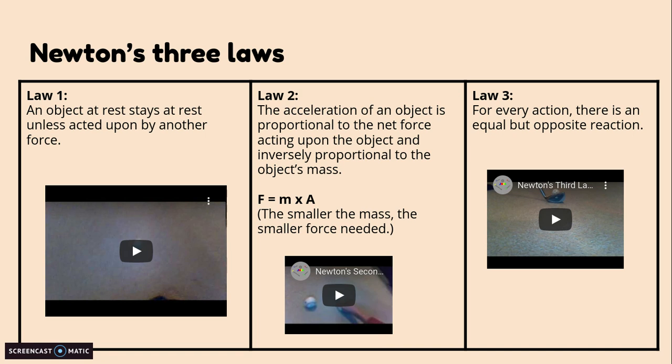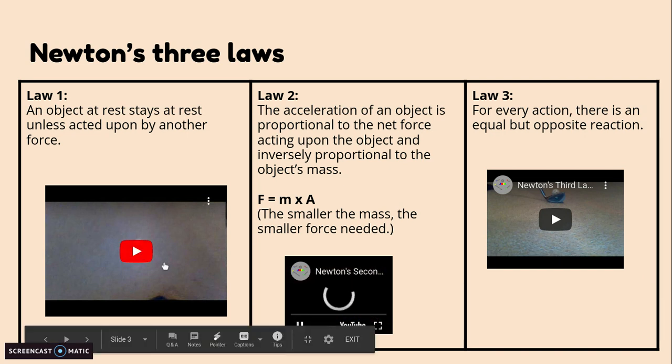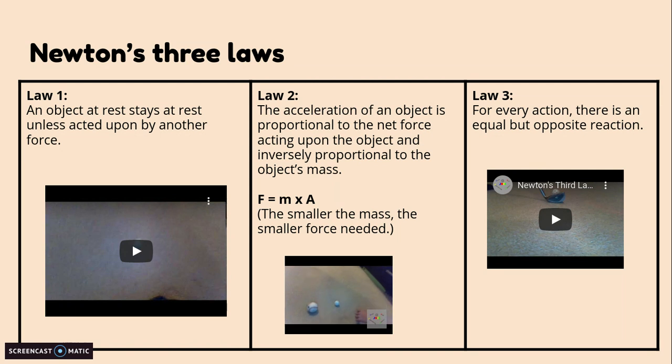So really, in simple terms, this is just explaining the relationship between the force, F, mass, M, and acceleration, A. So the force equals mass times acceleration. In other words, the smaller the mass, the smaller force needed. So see this video for an example. The smaller the mass, the less force needed.